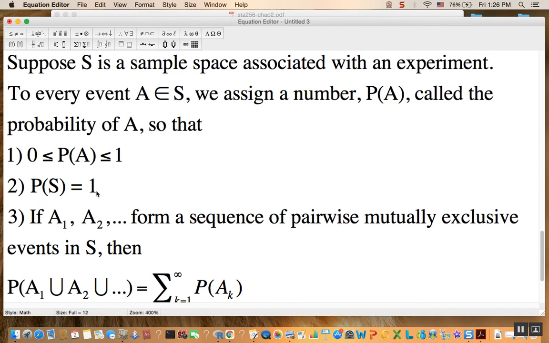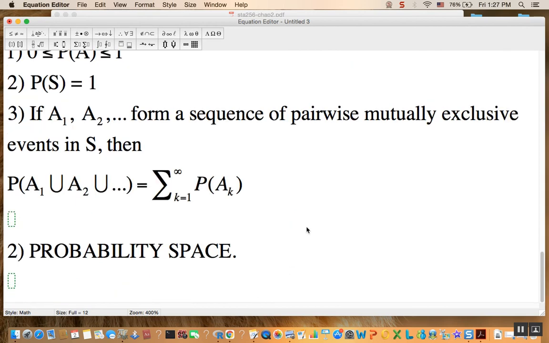The probability of the sample space was 1, and then to find, for instance, the probability of a union, what we did is just do a sum of the individual probabilities. Individual meaning the probability for each of those outcomes, of those events that make up for the union. Make sense?